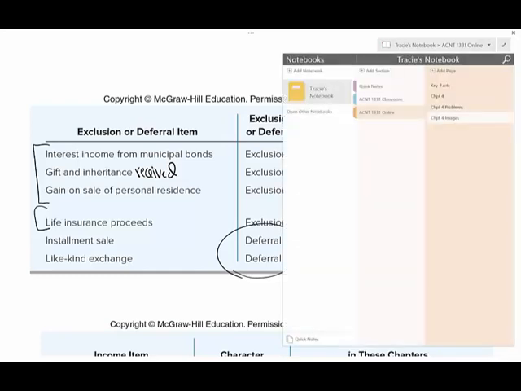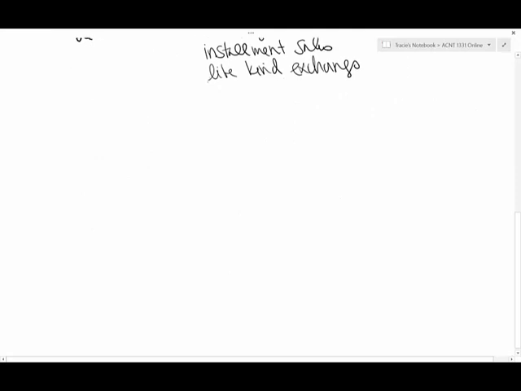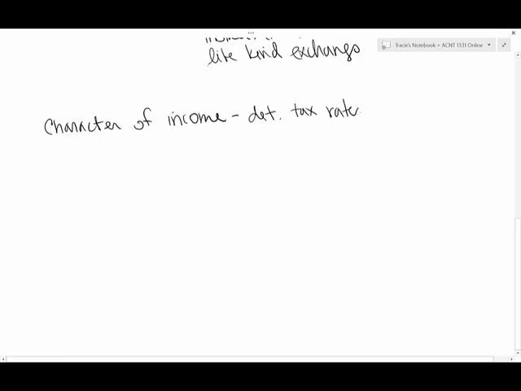Now, when we talk about income, we've identified that all income is included unless it's excluded or it's deferred. The other thing that we need to know is we also need to understand the character of the income. Character of the income is important because it determines which tax rates the taxpayer is going to use to determine the amount of tax.